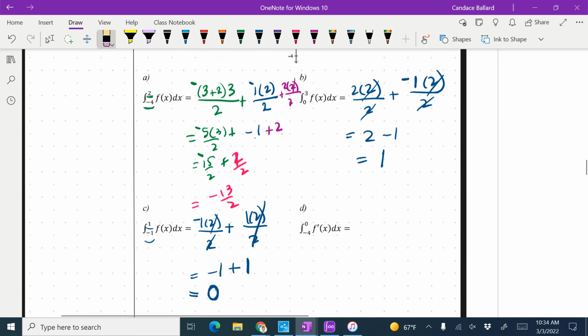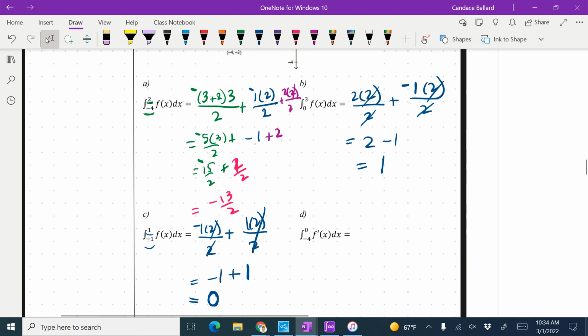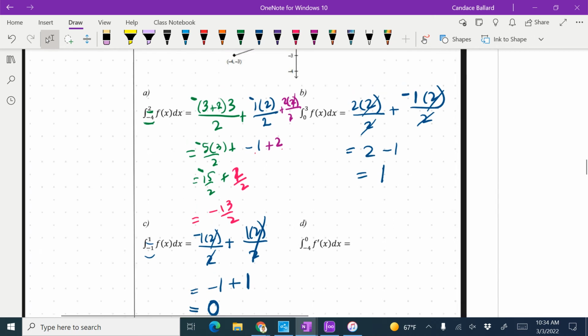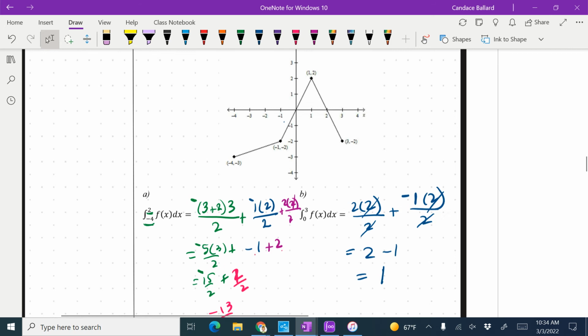All right, let's look at D. All right, so D says we're supposed to go from 0 to negative 4. Okay, so I'm going from 0 to negative 4.